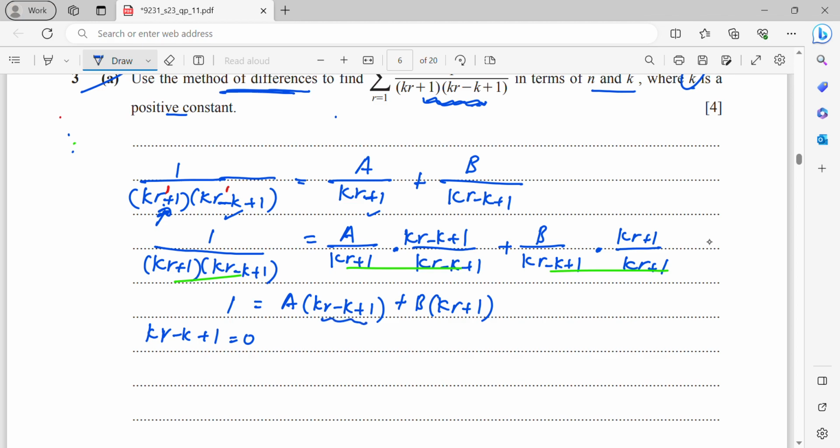That's why this is what I'm doing now. Then I need to get the r value. So kr equals k minus 1. Therefore, r is going to be... basically, I do not need to find r as well, because when I let this be 0, I just need the value of kr plus 1.